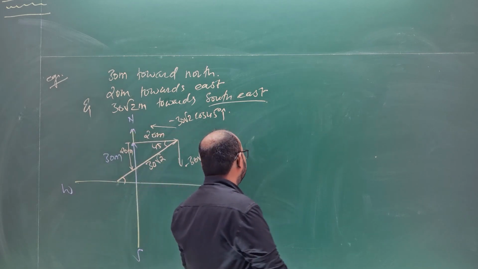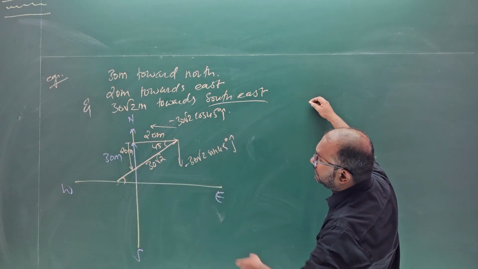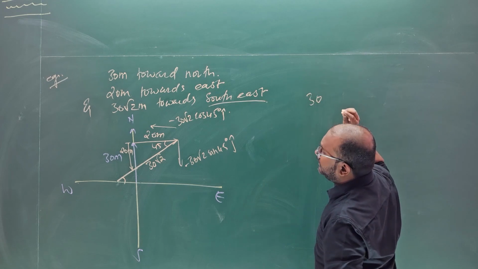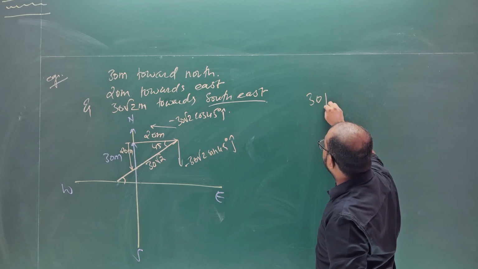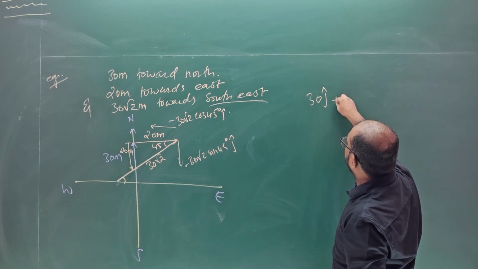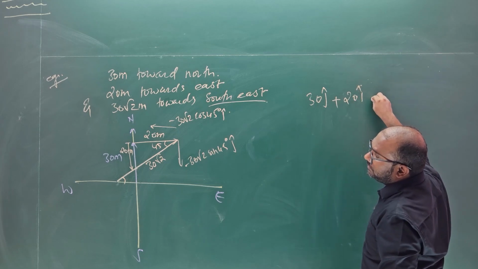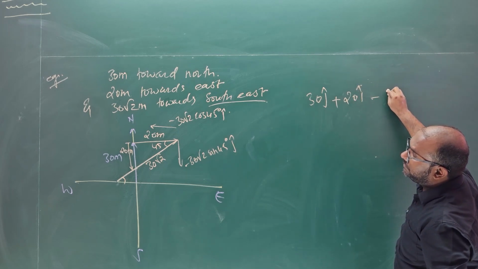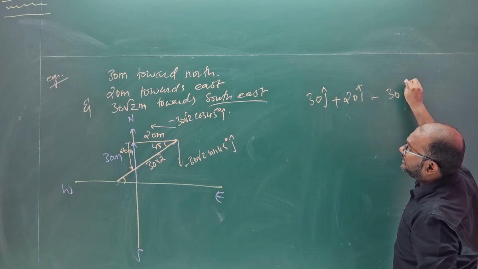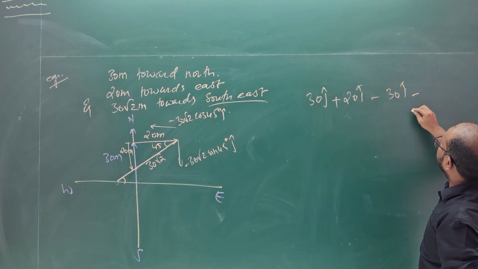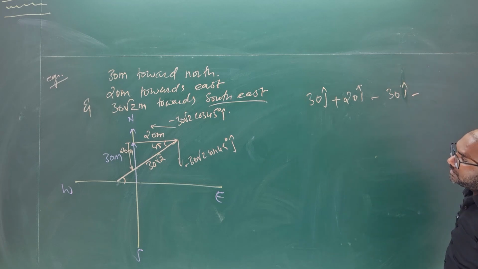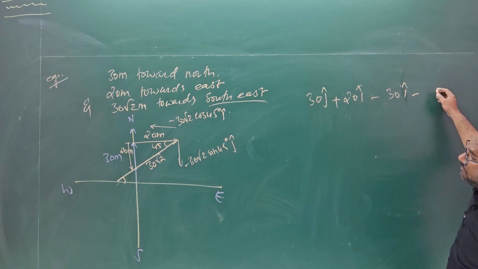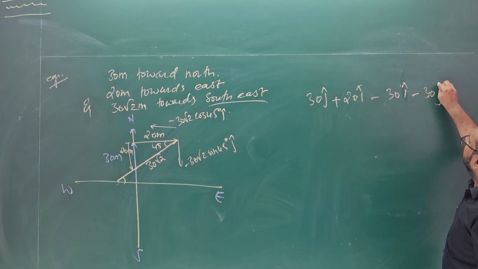Okay, solve the answer. 30 j cap plus of 20 I cap minus of 30 I cap minus 30 j cap.